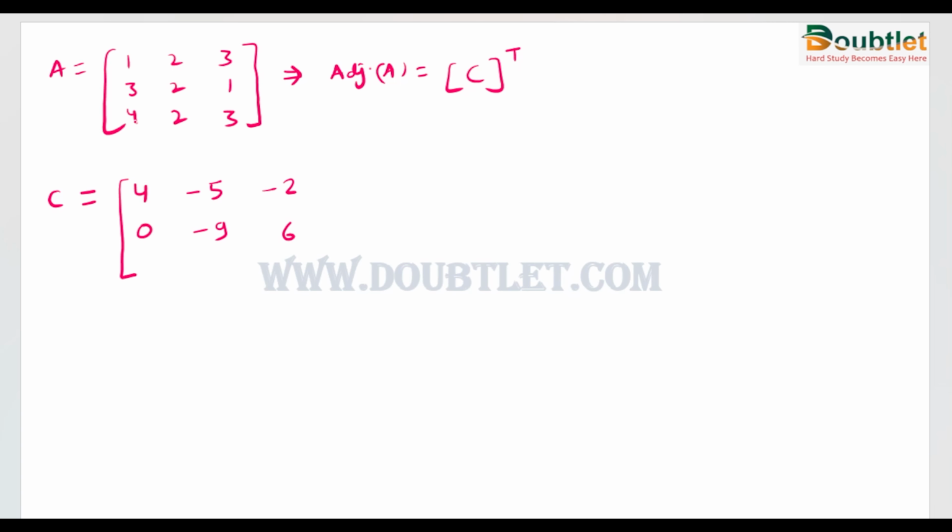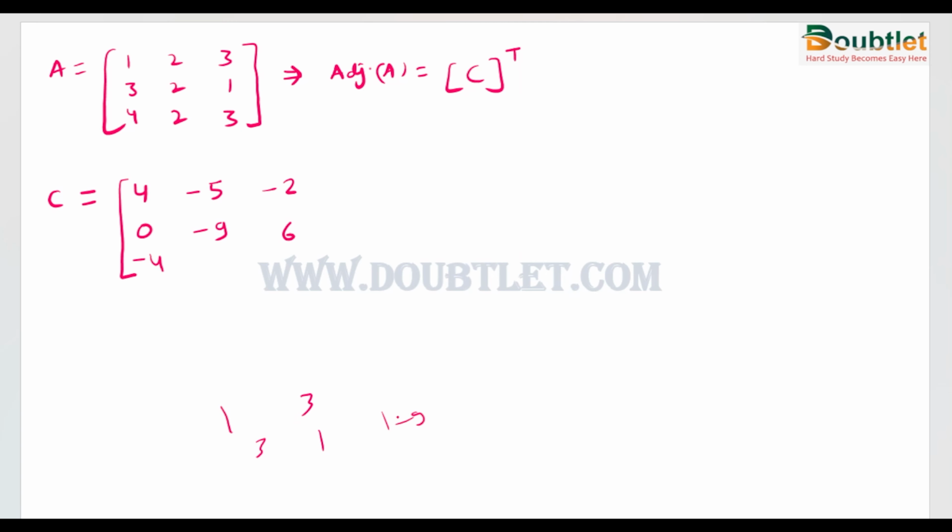Now for this element, cancel out this row and this column. We will get 2, 3, 2, 1 and its determinant. So this will become 2 minus 6, which is minus 4. This will become minus 4. For this one, cancel out this row and this column. We will get 1, 3, 3, 1.